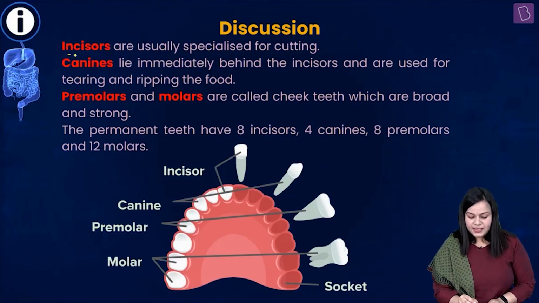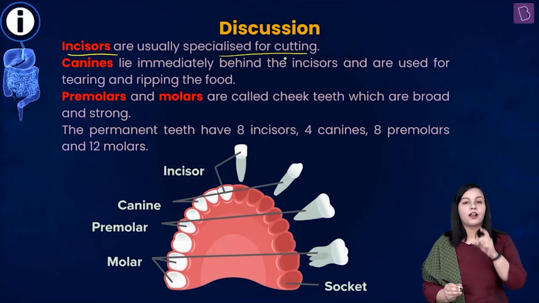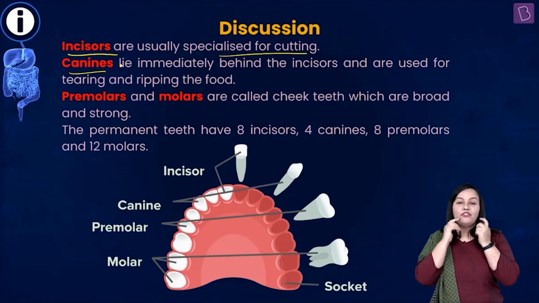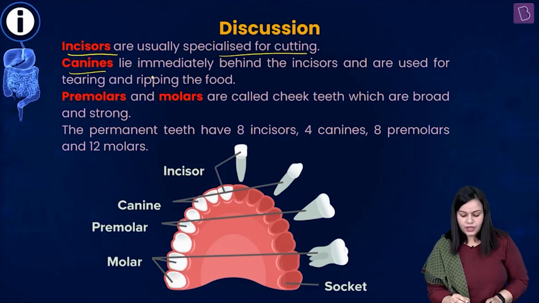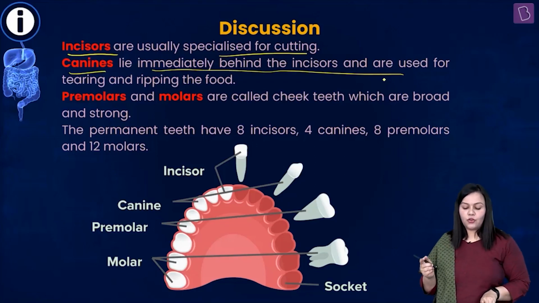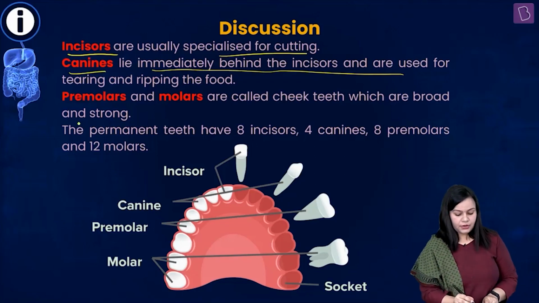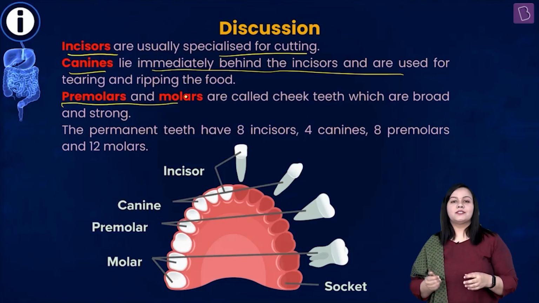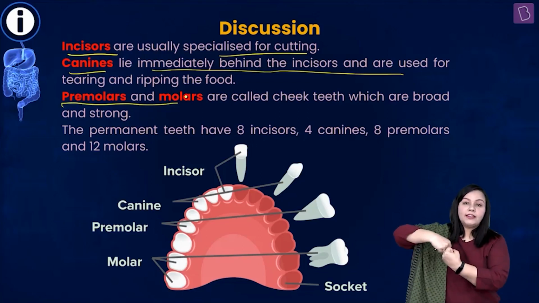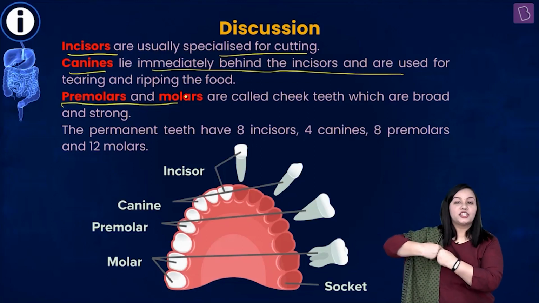Incisors are usually specialized for cutting and biting. Canines are responsible for the tearing action of the food. They lie immediately behind the incisors and are used for tearing and ripping of the food. Premolars and molars are slightly broad in appearance, and that is the reason why they form a crushing surface.